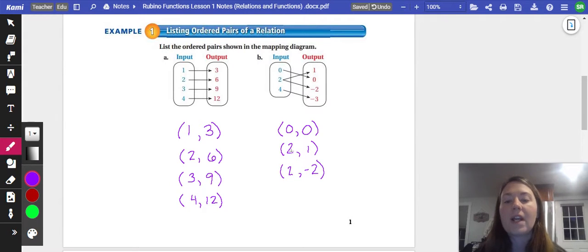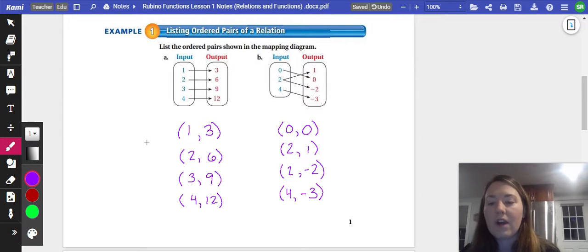So that should be written as two separate ordered pairs. And the final one would be (4, -3). 4 is matched up with the output of -3. Okay, so this is how we can list ordered pairs that are given to us in the format of a mapping diagram.